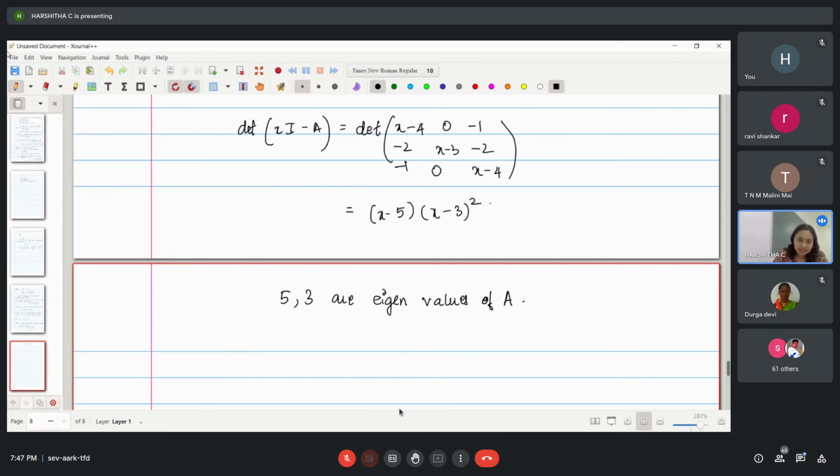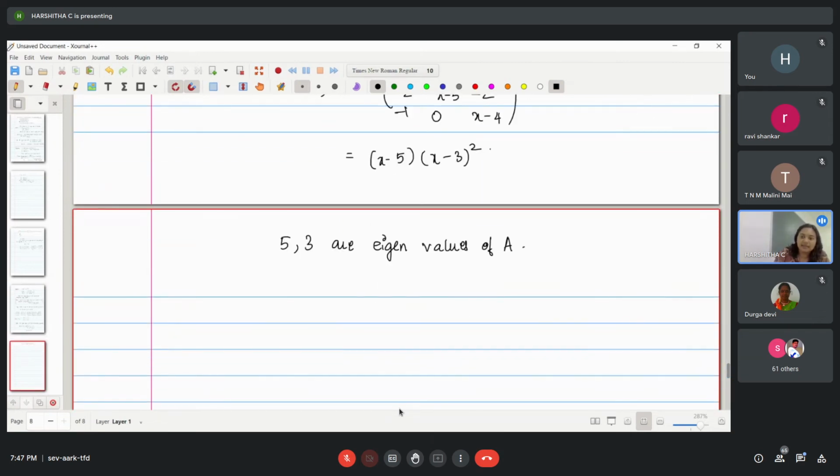Once you are done with this, the task is, for each of these eigenvalues, you find the eigenspace.